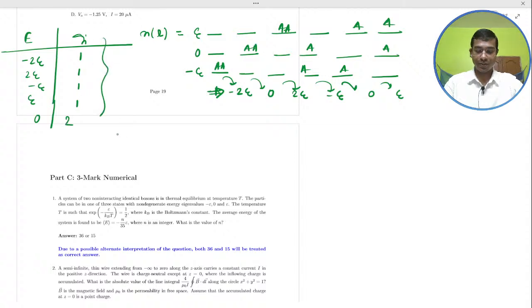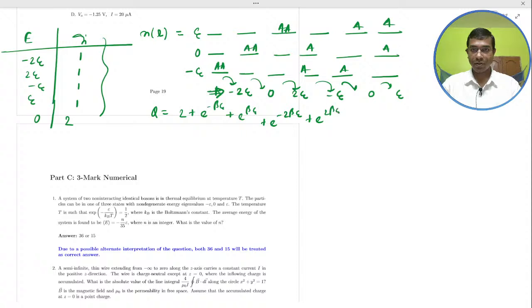These are the degeneracies. So now the partition function Q is equal to 2 plus e to the power minus beta epsilon plus e to the power beta epsilon plus e to the power minus 2 beta epsilon plus e to the power 2 beta epsilon. This is equation number 1.